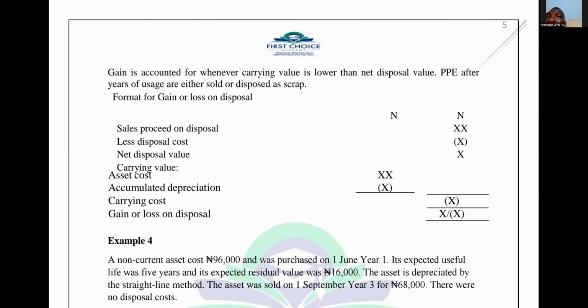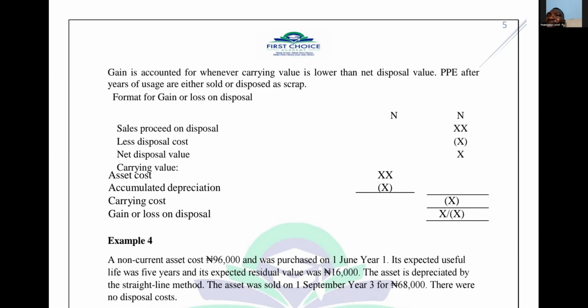Remember, one of the enhancing qualitative characteristics is understandability. And one way you can achieve understandability is clear presentation of your workings. That is why cost is on the other naira side, to differentiate it from our sales proceed.